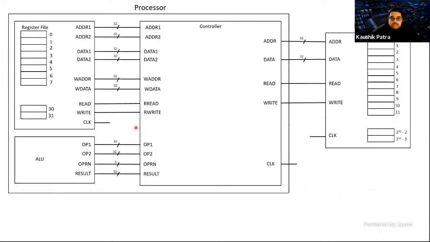So that connection is made, the read-write control connection is made, and on the ALU side, we have two operands, one operation code, and the results go from the ALU towards the controller. And on the controller side, we have marked those logic signal values which are connected to the other side of the different components.